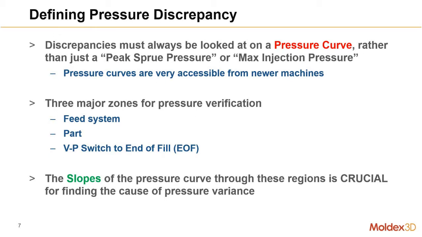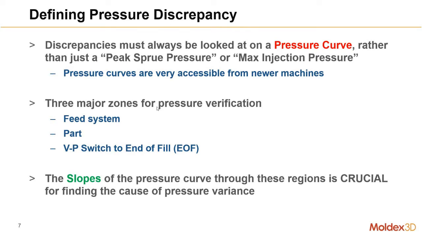The only way to really know whether we're talking about the same information is to compare the pressure curve that comes out of the simulation, or the sprue pressure curve that we just looked at a moment ago, to the pressure curve that you can get out of the more modern machines. Unfortunately, some of the older machines are kind of limited to the peak injection pressure, just because that's the only thing that it can output. But if you have the newer machines and you're doing this sort of correlation study, the pressure curve should be something that you can export as a graph instead of just a single value.